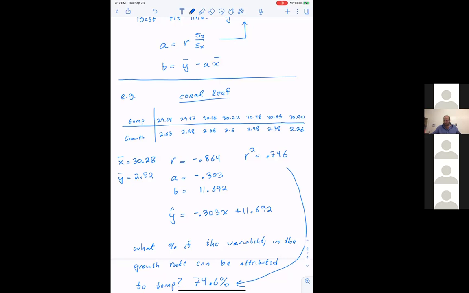Where do you want us to move the point? Sorry. To X bar, Y bar. Okay.